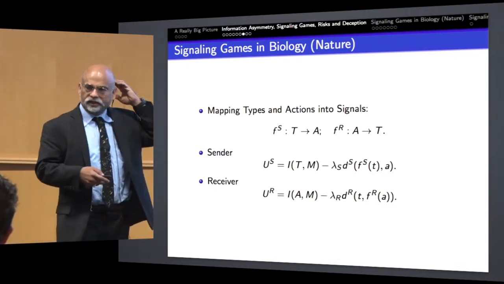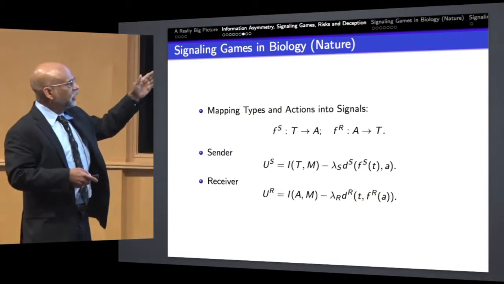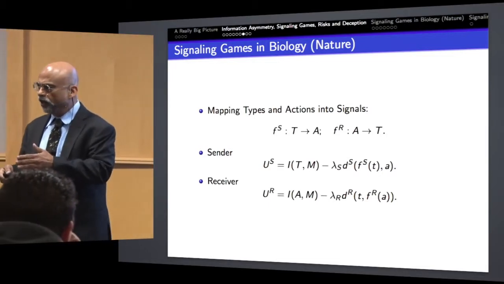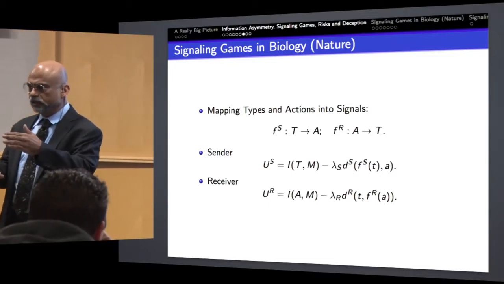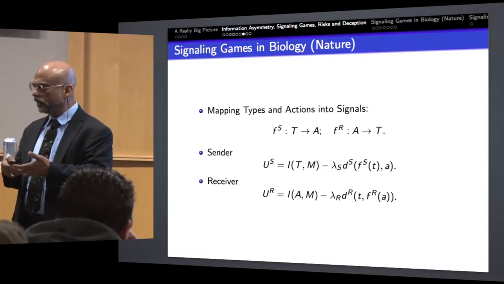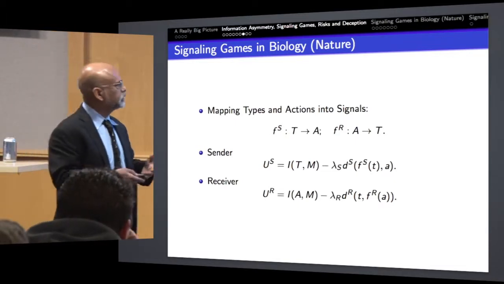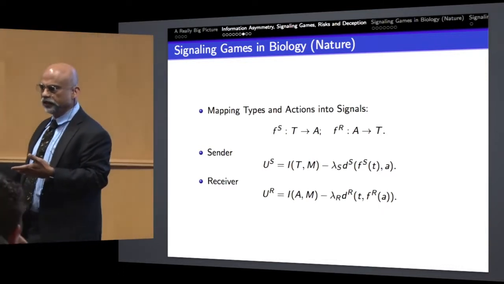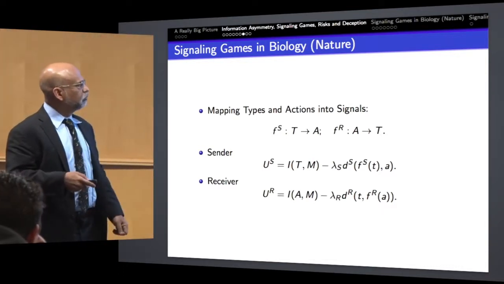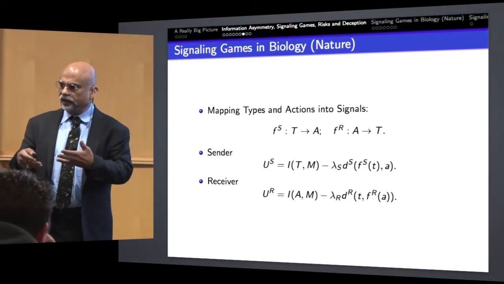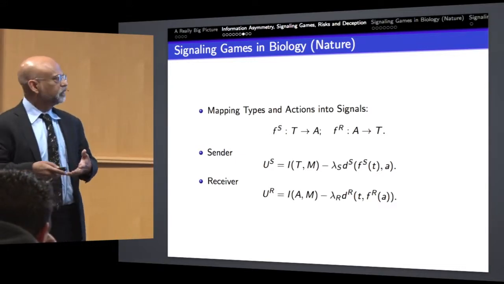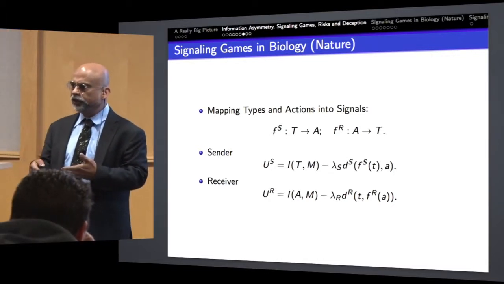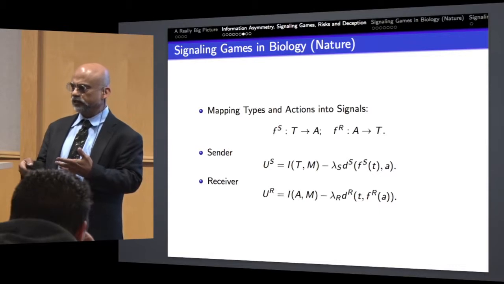So I'm going to suggest a utility function that has two components, one of which is a rate function. I want to work with as few messages, as few signals as possible, but consistent with my types. So this is the mutual information between my types and the messages I'm using. And given that I work with those messages, there will be some action that will take place, and I want to see how distorted they are from the actions that I'm expecting.